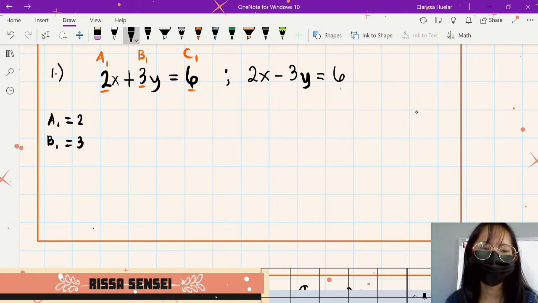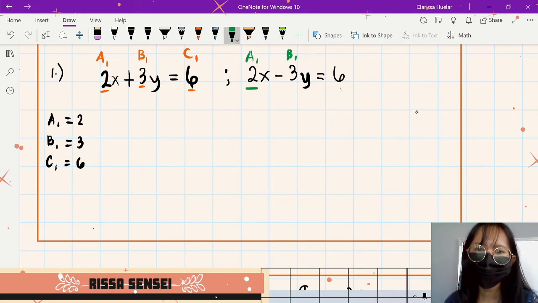Don't forget, or always remember that hindi kasama yung x and y pag sinabi natin numerical coefficients. Then c sub 1 is equal to 6, wherein c sub 1 is the constant.